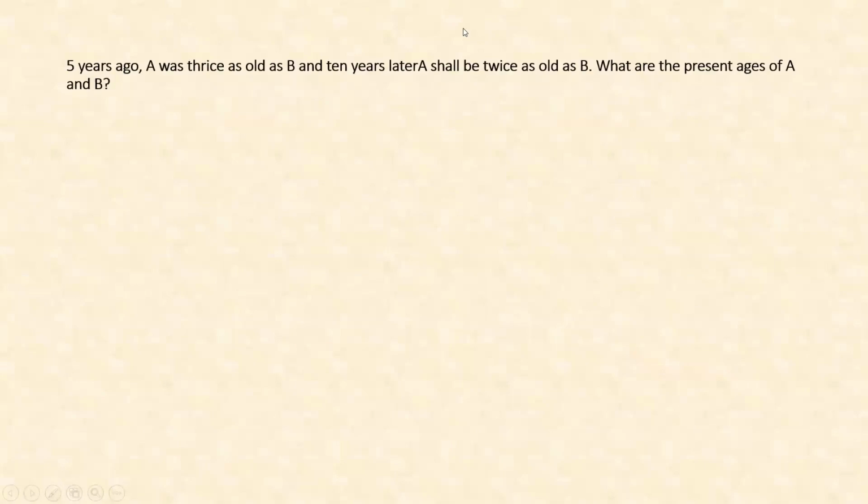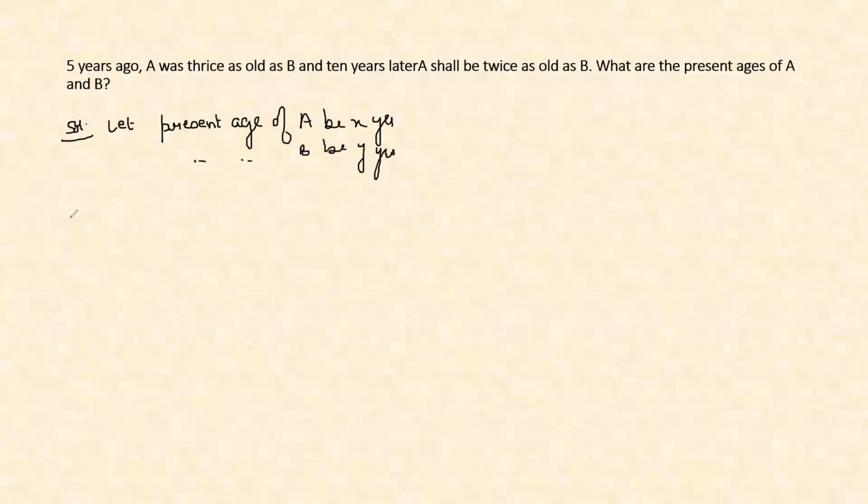So we don't know their present ages. So assume, let the present age of A be X and B be Y years.